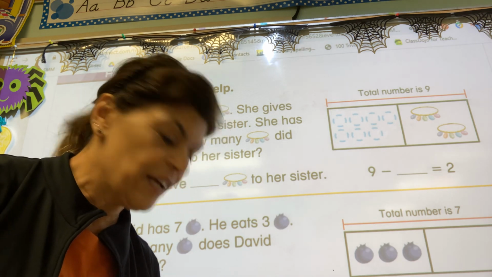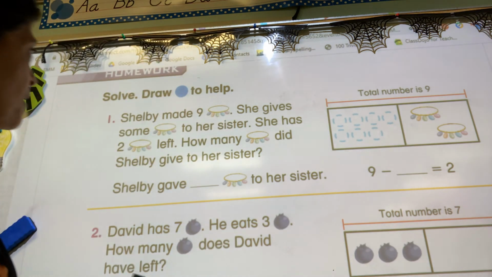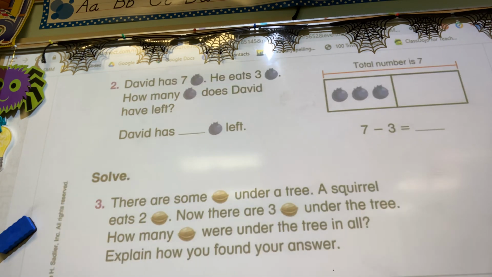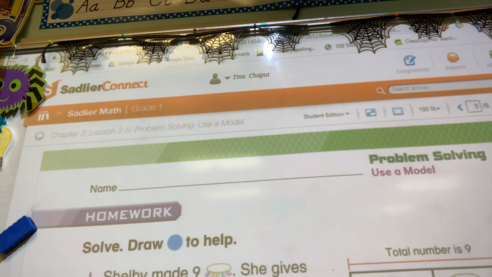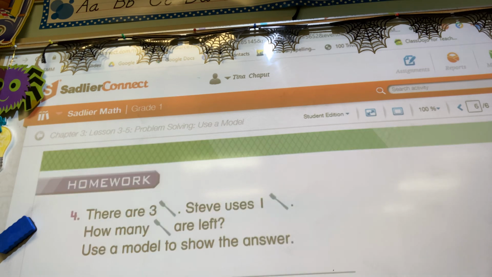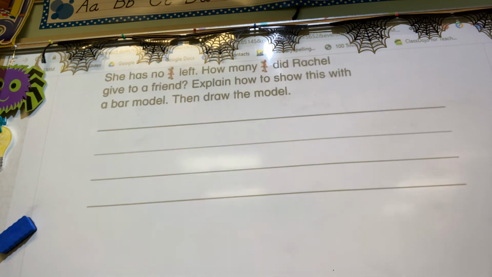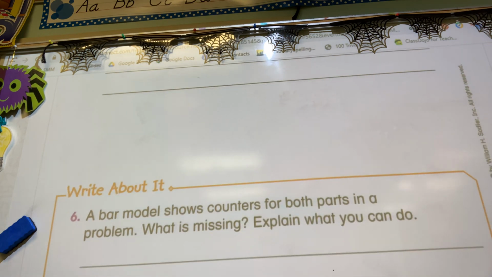So on page 101 is 1 page of homework where you're going to solve and draw circles to help you. And that's what the page looks like. And then the next page, like that. Still more. So there's some more word problems on this next page as well, ending with a write about it.